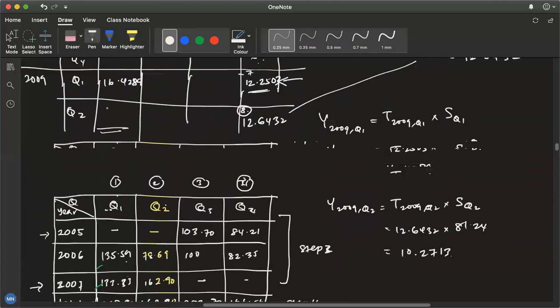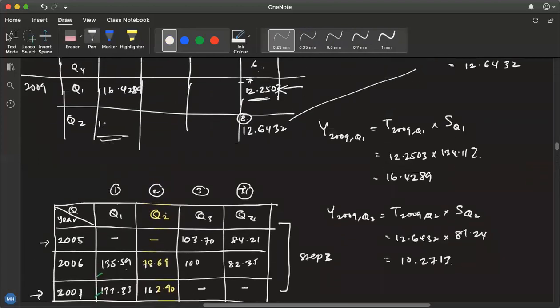So this is the forecast of sales for 2009 quarter number 2. I hope this helps you understand this topic. See you later. Assalamualaikum.